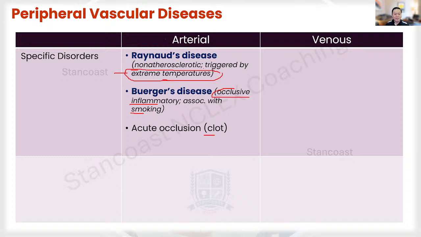Now, talking about the venous disorders, on the other hand, we refer to the varicose veins, which are enlarged and twisted veins. This is caused by faulty valves.